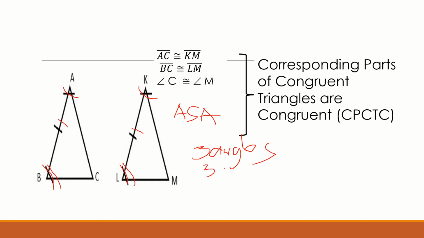Ibig sabihin, anim ang corresponding parts niya. So, napatunayan, dito sa illustration, makikita na three corresponding parts are congruent. Therefore, the two triangles are congruent. Dahil dyan, ibig sabihin, yung remaining parts na tatlo ay congruent din.